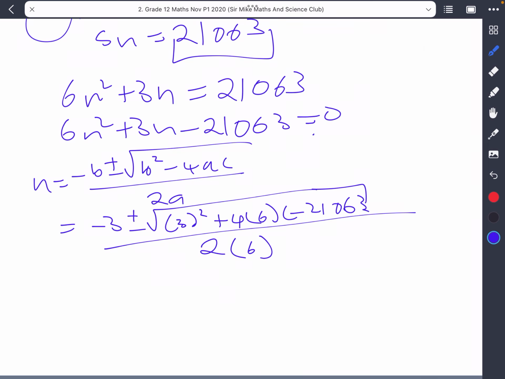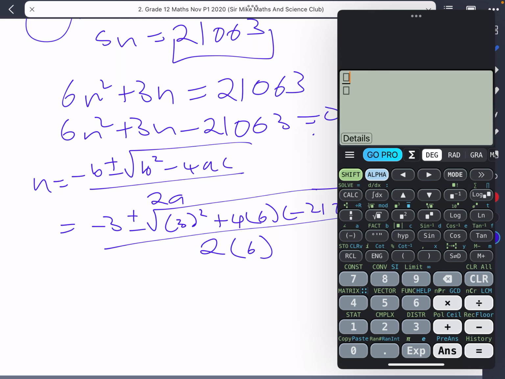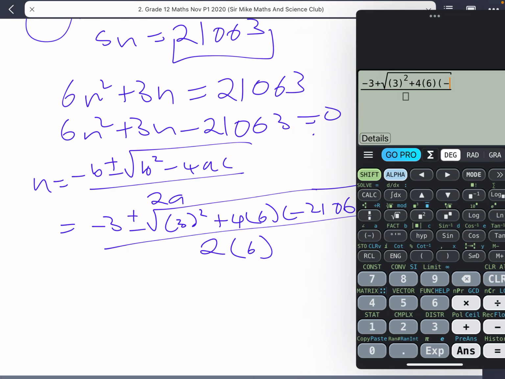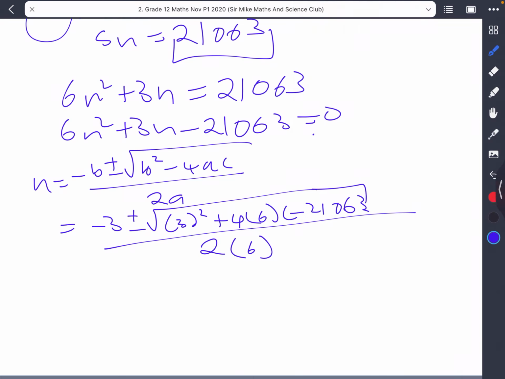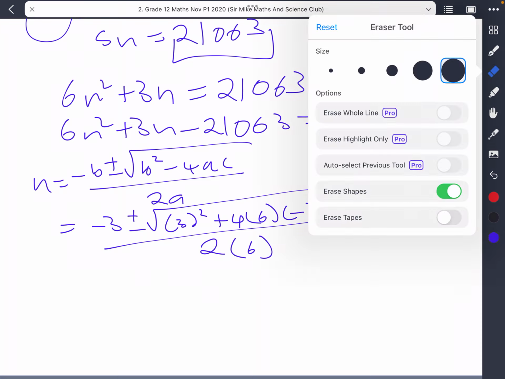So I'm just going to put that into the calculator. We have minus 3 plus, and I'm just going to start with the plus solution. So that's 3 squared plus 4 multiplied by 6, and that's actually minus 4ac, not a plus. Let me just erase that.